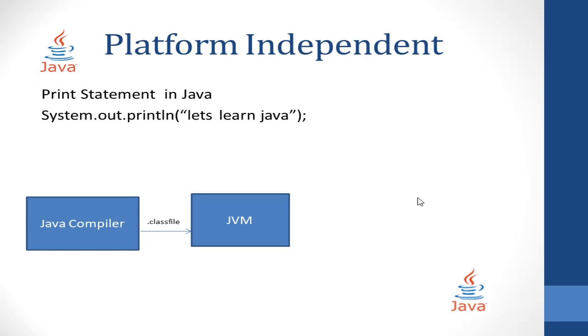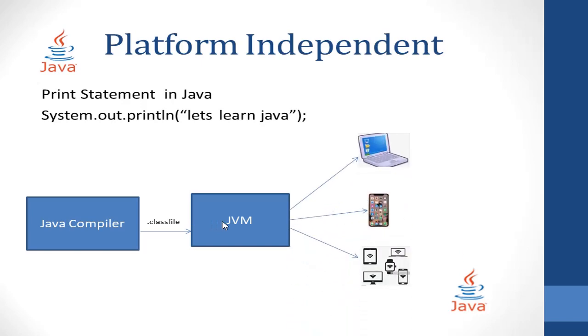It is a virtual machine which takes this class file as input, identifies the platform or the device on which it is working, and converts it into native machine code. So once the code is compiled, it can run on any platform or device. That's why Java is called platform independent. Hope this clears what Java is and why it is called platform independent.